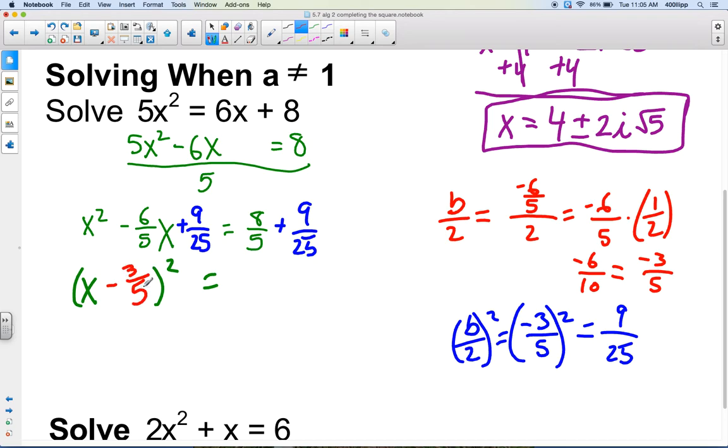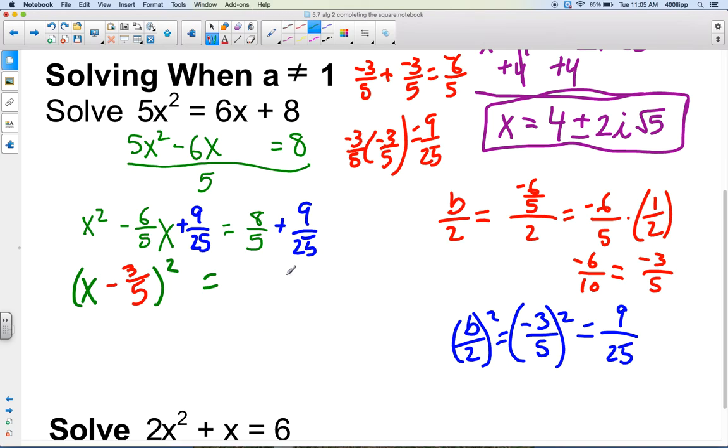Negative 3/5 times negative 3/5 is 9 over 25. There it is. And then negative 3/5 plus negative 3/5 is negative 6/5 right here, which is what we wanted.